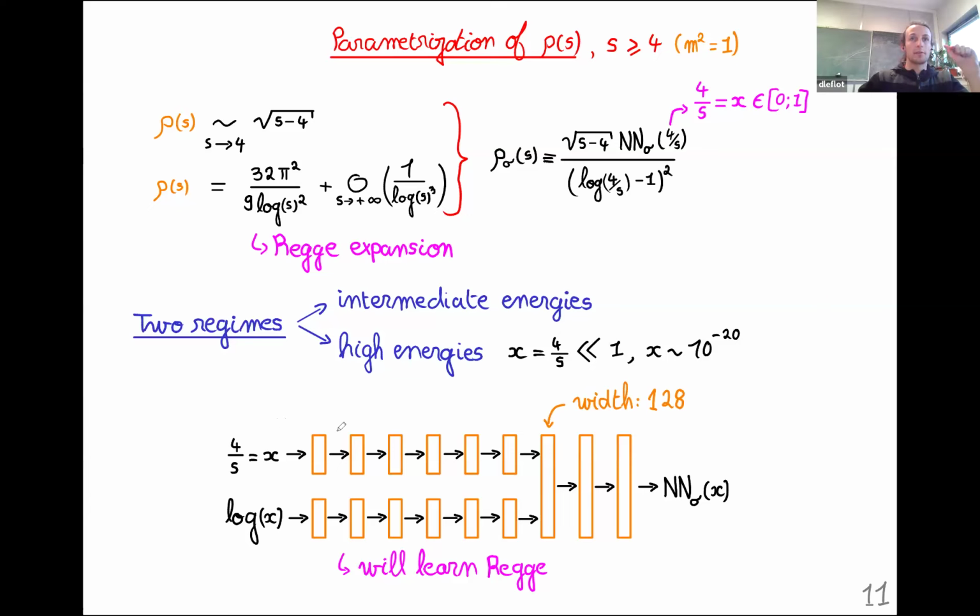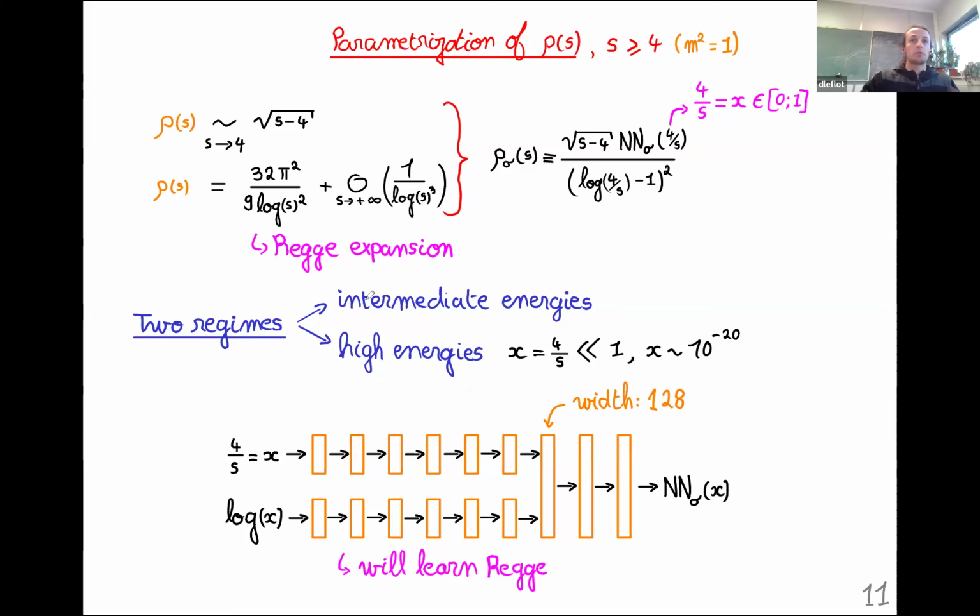In fact, we are using Python to implement our neural network, and in particular we have a finite precision. We are using float 32. And so if we do not use this trick, the computer cannot make the difference between x equal to 10 to the minus 20 and 10 to the minus 100.